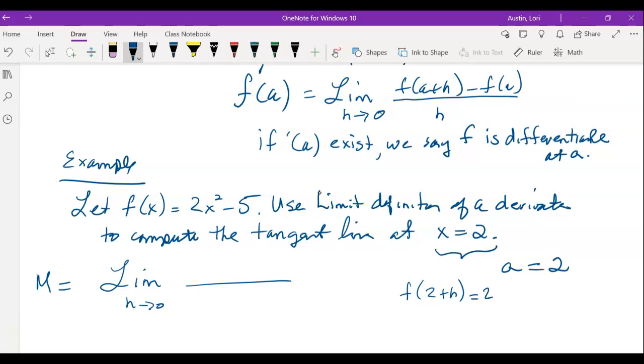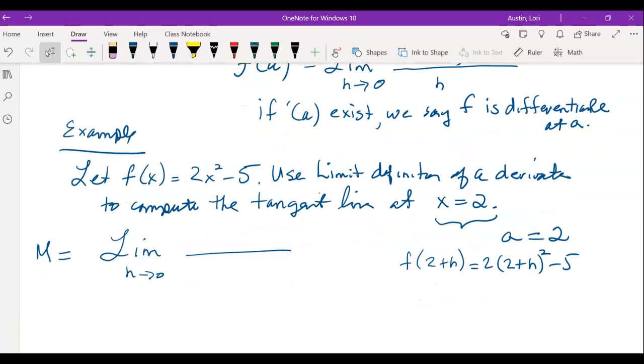So I want 2 times 2 plus h squared minus 5. Does that make sense? To get my f of a plus h, in this particular problem, my a is 2, I need f of 2 plus h. So I need this. Well, I like to clean things up on the side first before I put them in the problem. So we have to work that out.